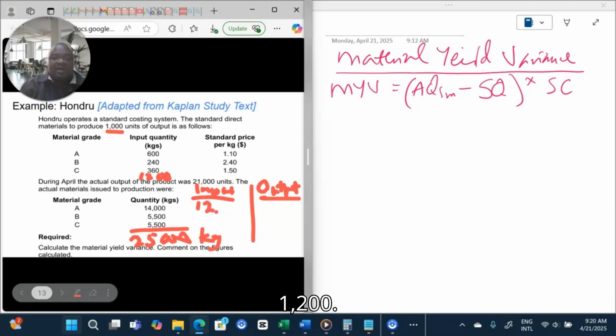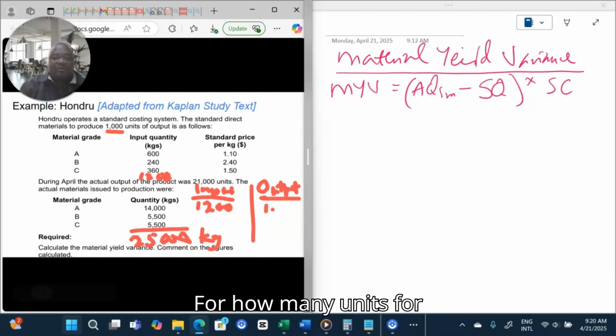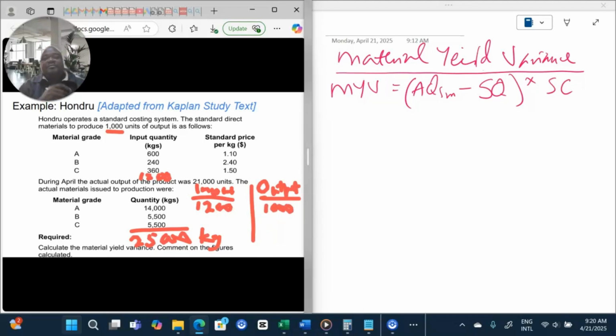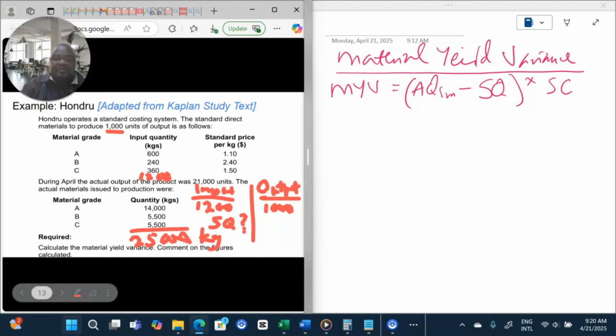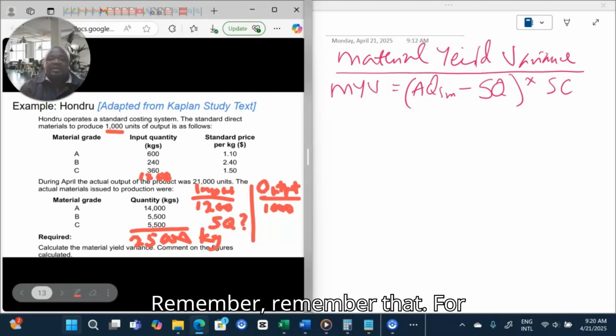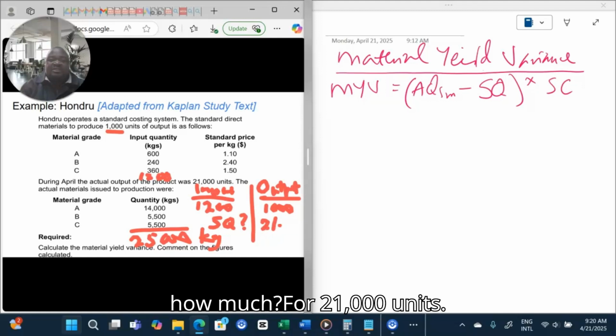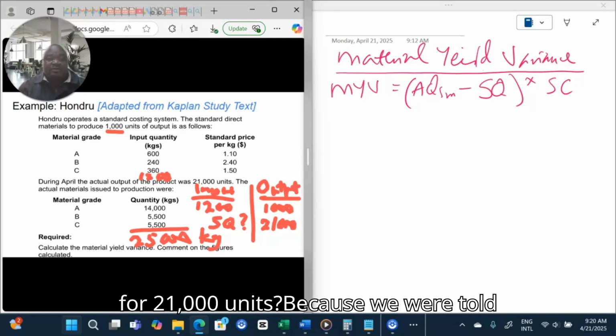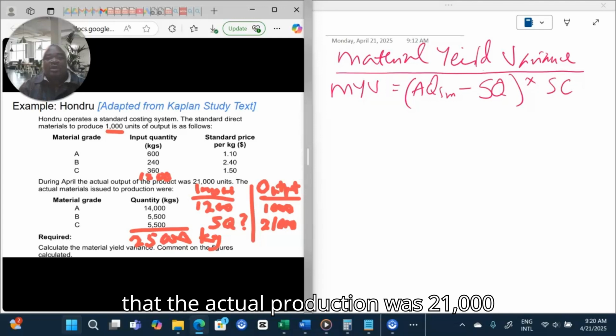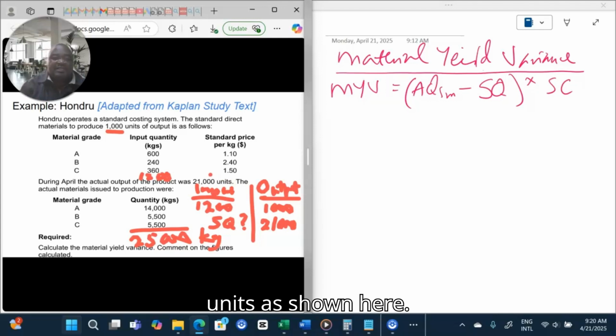So we need 1,200 for how many units? For 1,000 units. All right. Now, what is the SQ? The standard quantity. Remember that. For how much? For 21,000 units. What is the standard quantity of inputs for 21,000 units? Because we were told that the actual production was 21,000 units as shown here.